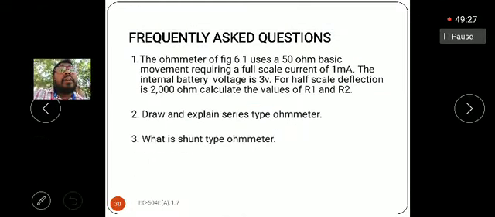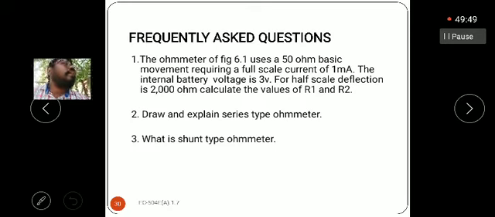Also, there may be a chance of asking to draw and explain the series type ohmmeter, to design the series type ohmmeter, to explain the design of the series type ohmmeter, and what is a series type ohmmeter.